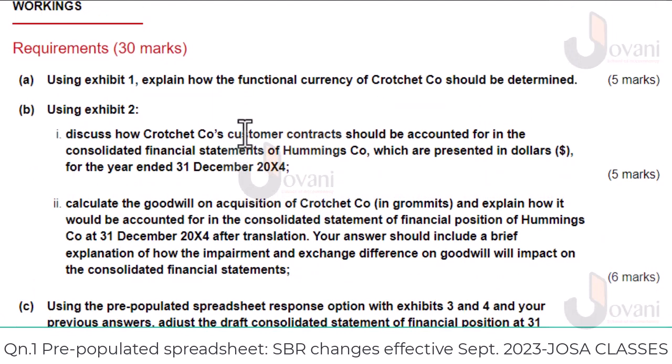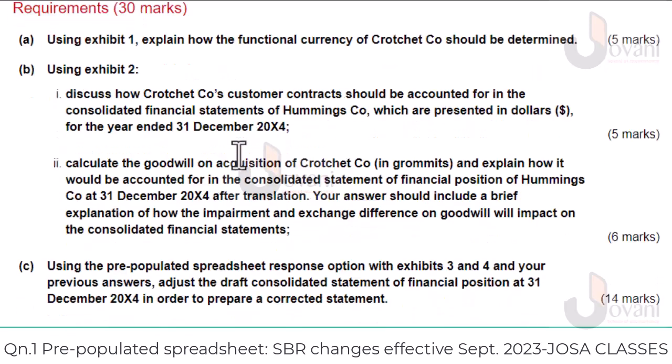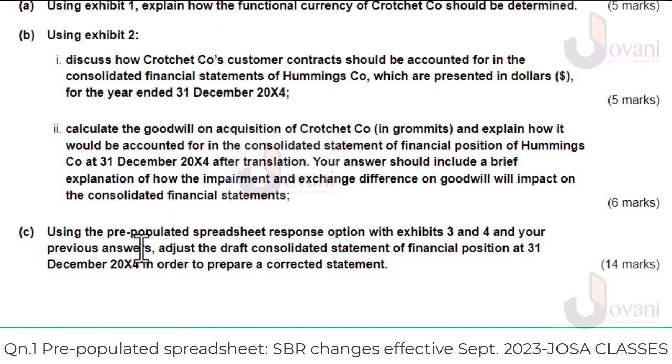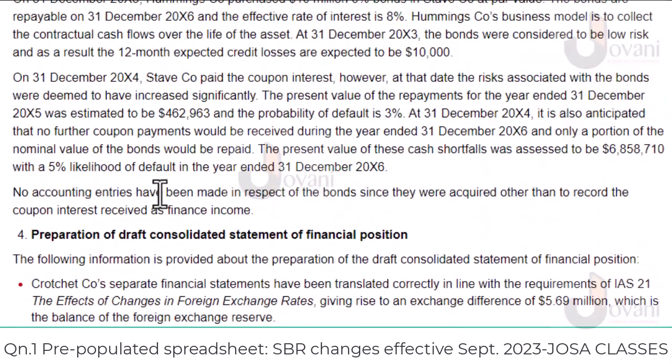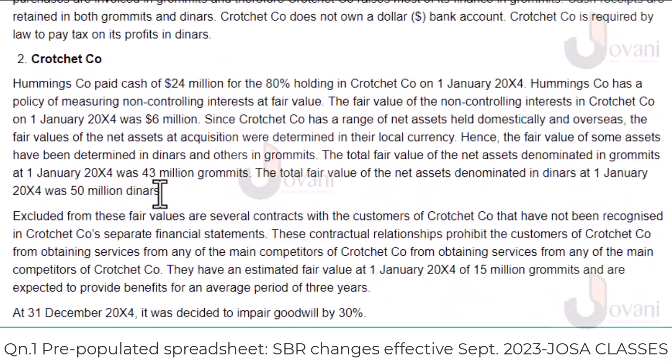And you'll be answering using both the word processor for the first parts and then the pre-populated spreadsheet, which contains the final consolidated financial statement, which must be amended to include all the changes that are impacting its accuracy from all the other exhibits that have been given.